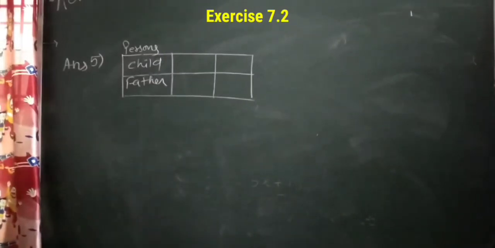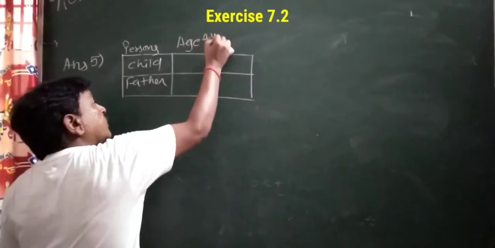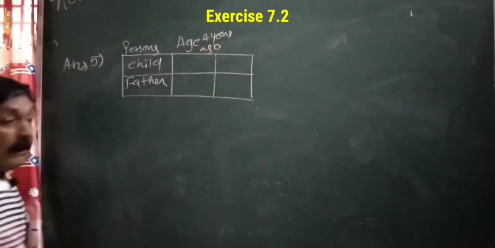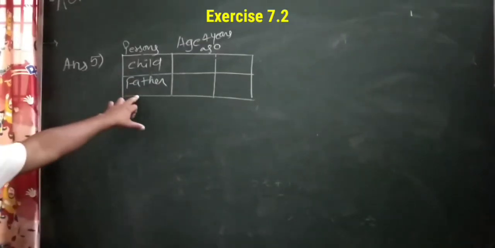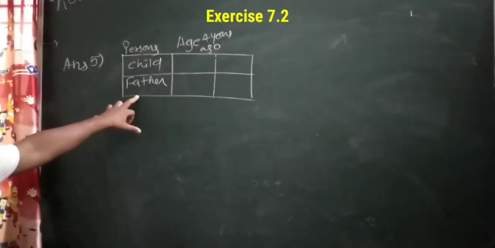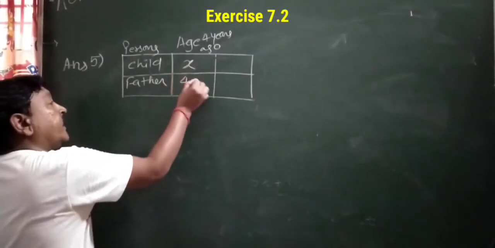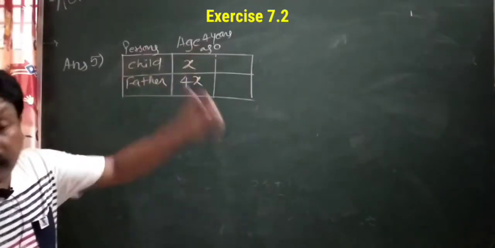So this is the age 4 years ago. If before 4 years the age of the father was 4 times the age of the child, we can say child age will be x and father's age will be 4x. But this age is of 4 years ago.